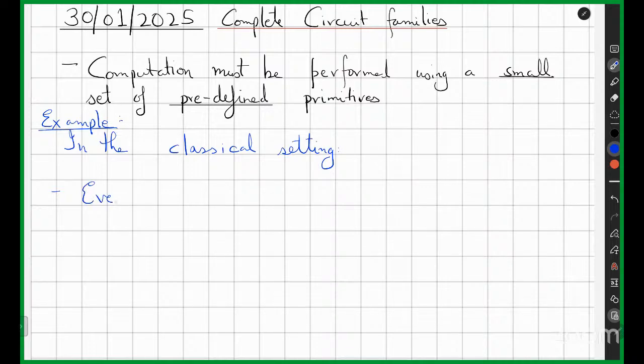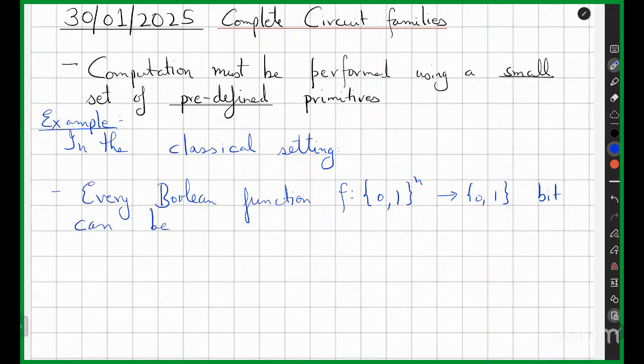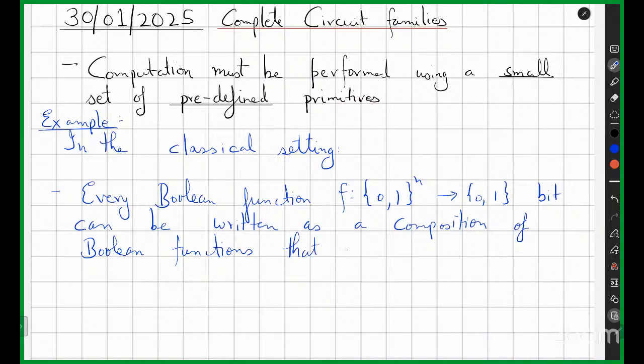First, every Boolean function from, say, n bits to 1 bit can be written as a composition of Boolean functions that act on a small fixed number of bits. Fixed, as in it's not a function of n.